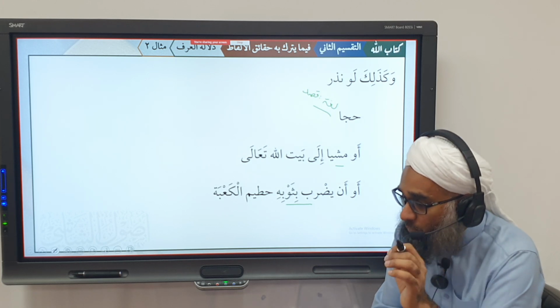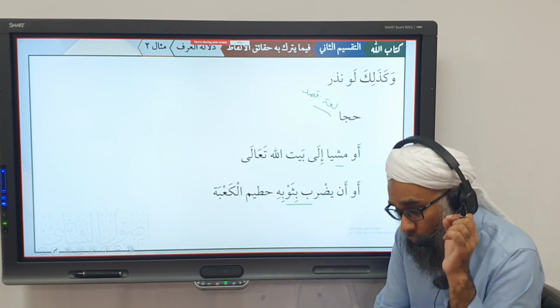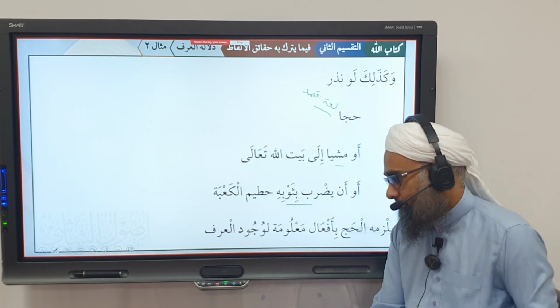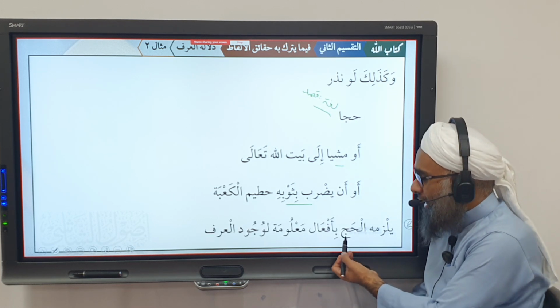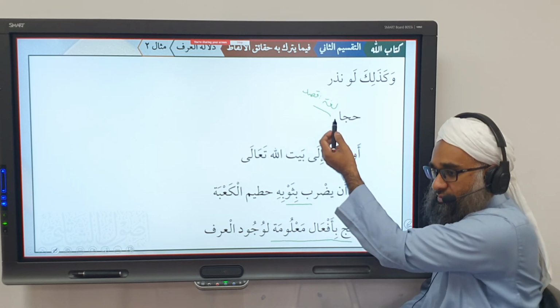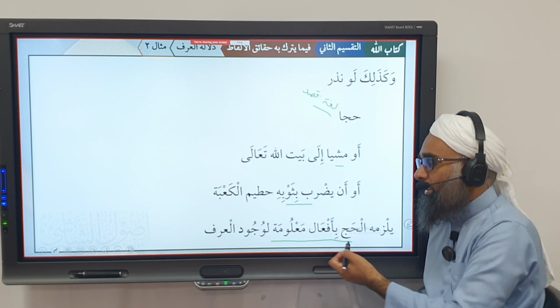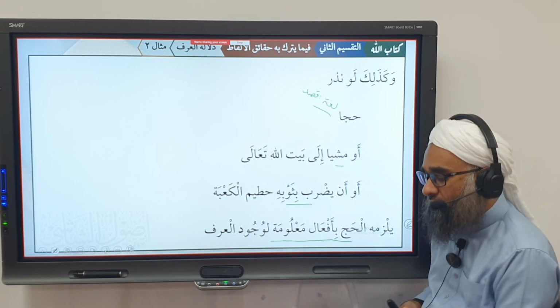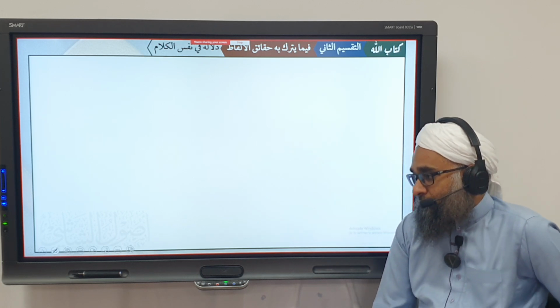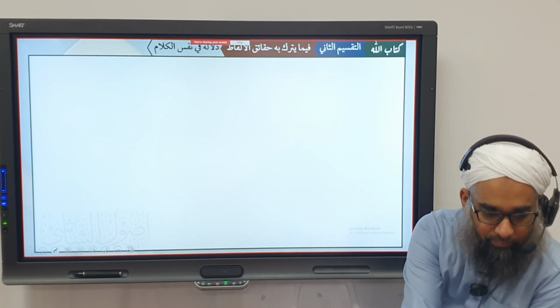If he walks to Baytullah, it's not enough, you have to do hajj, because this is the urf of the people. Right? So يلزمه الحج بأفعال معلومة, meaning not hajj بمعنى قصد, but الحج الشرعي لوجود العرف, because in urf this is the intended meaning, the known meaning that people use. Does everybody understand this?